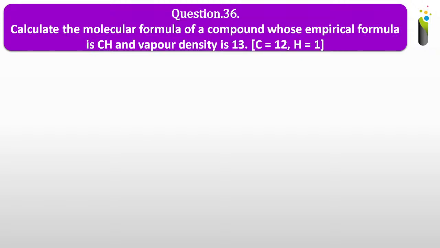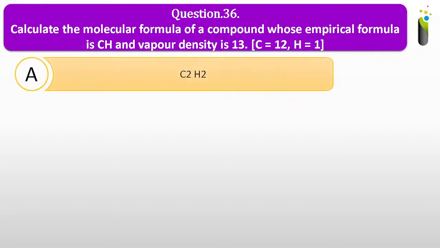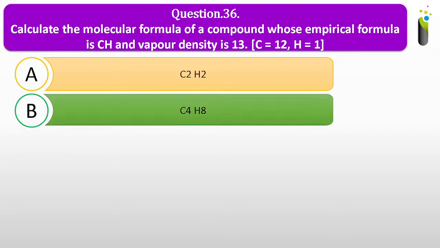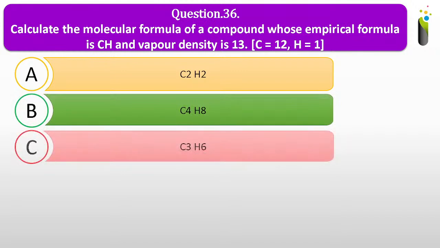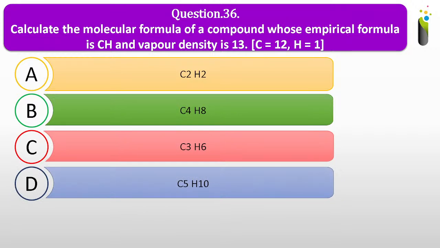Going ahead to question number 36, calculate the molecular formula of a compound whose empirical formula is CH and vapor density is 13, when carbon is equal to 12 and hydrogen is equal to 1. A, is it C2H2? B, is it C4H8? C, is it C3H6? D, is it C5H10?